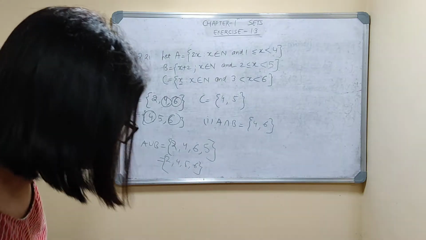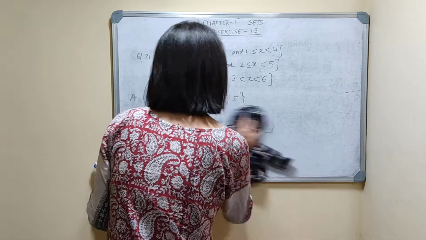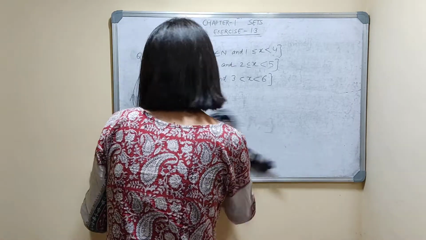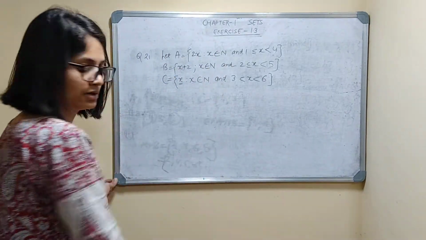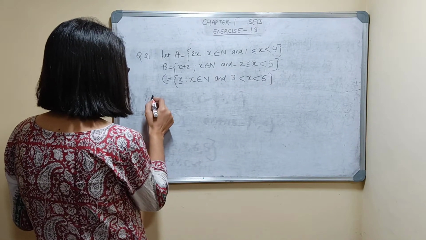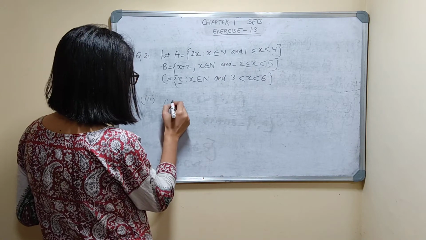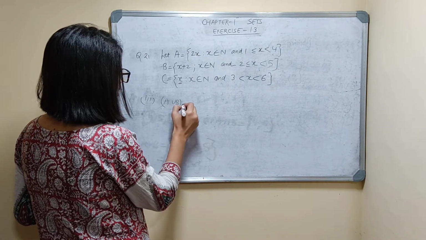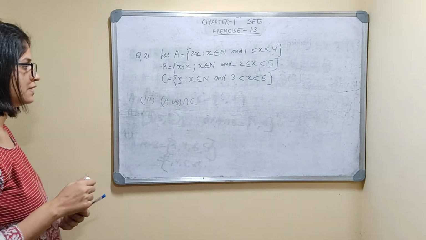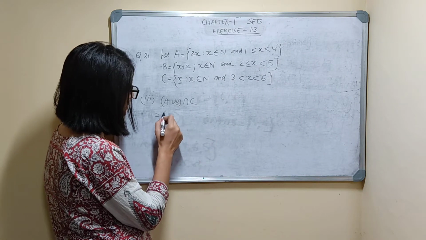Now part third. A union B intersection C. How will you write it? What is A union B?